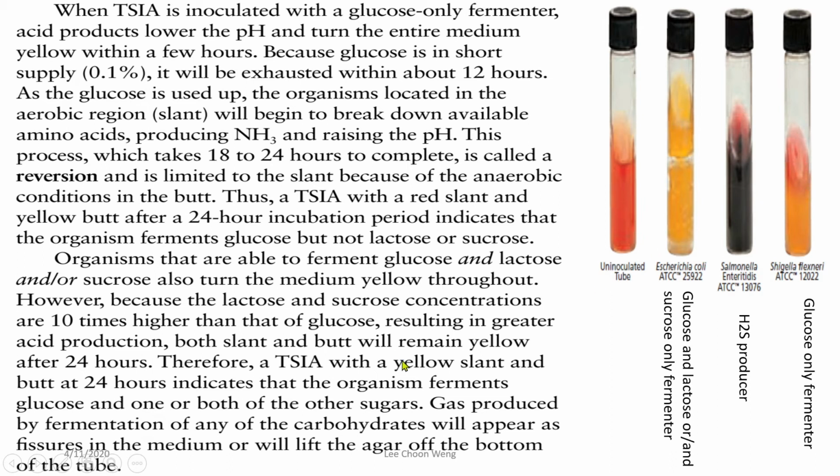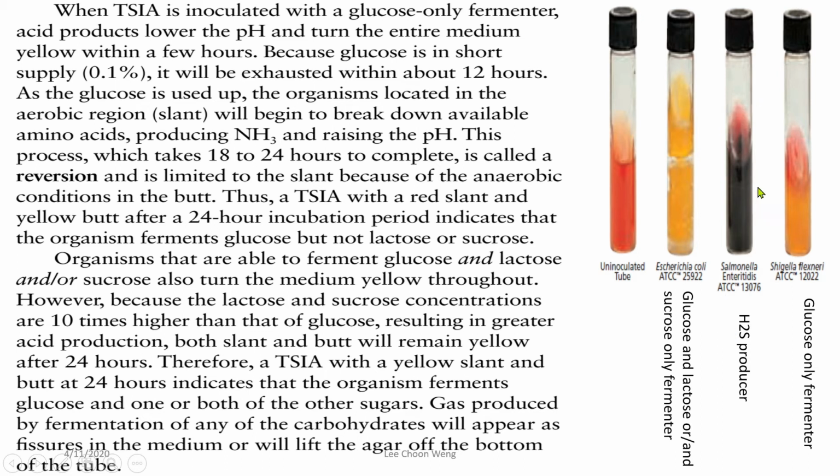However, if the bacteria can ferment both glucose and lactose, or glucose and sucrose, then the whole tube will be yellow. You can see there's a break here also. That means the bacteria is producing gas, breaking up the agar here.